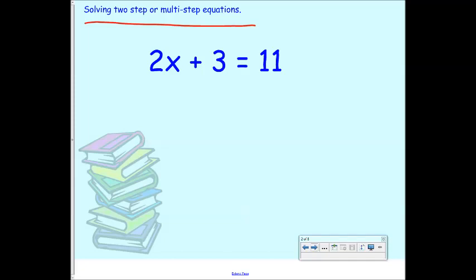But the actual way that we decide, how do you decide? Let me back up for a second. How do you decide when you have a problem like this? How do you decide what to do first? Order of operations, right? So PEMDAS tells us that in this case, we would do what first? Multiplication, right? So we want to do multiplication first because of order of operations.